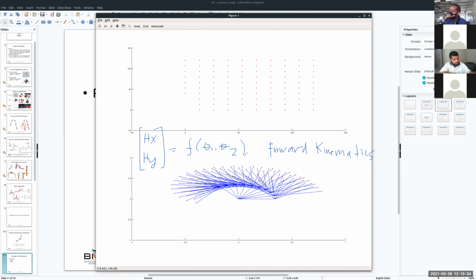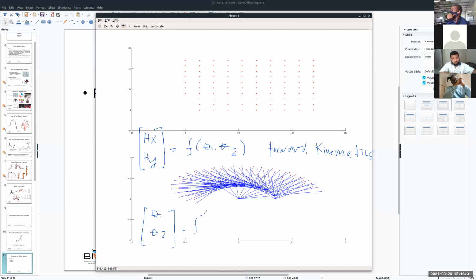Now, what is inverse kinematics? Inverse kinematics is when we take the inverse of that function. We solve for theta 1 and theta 2. If there's forward, that means there must be inverse or backward.